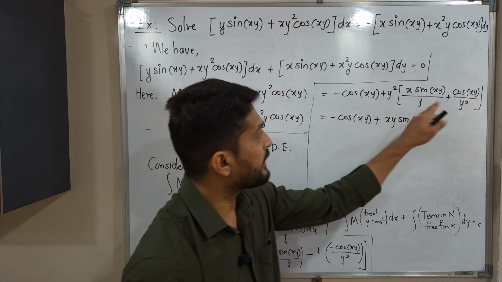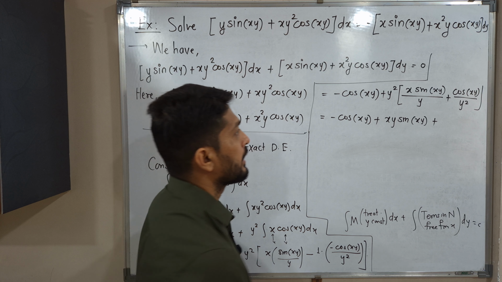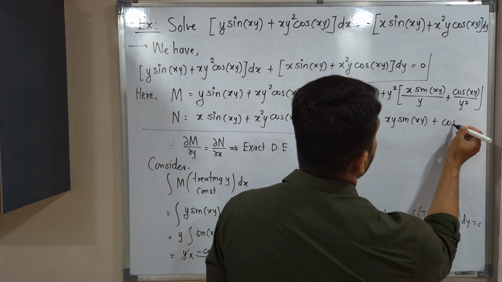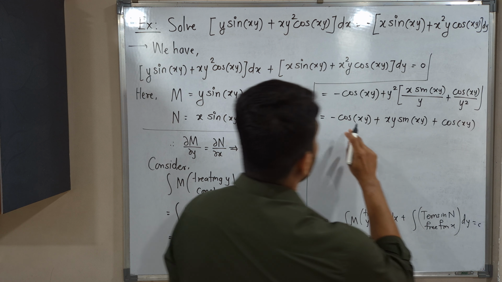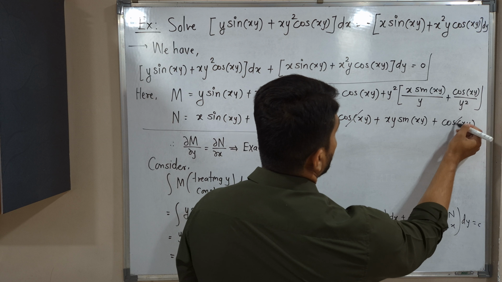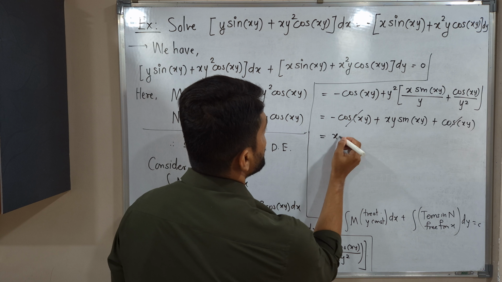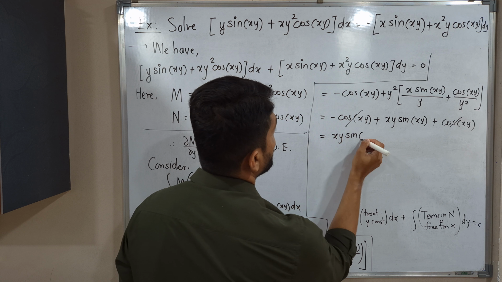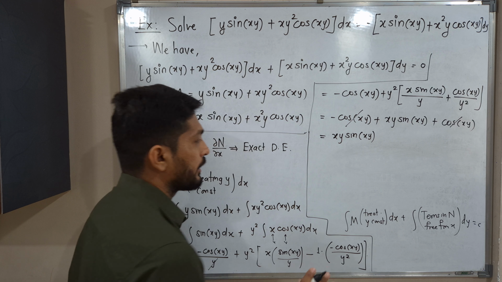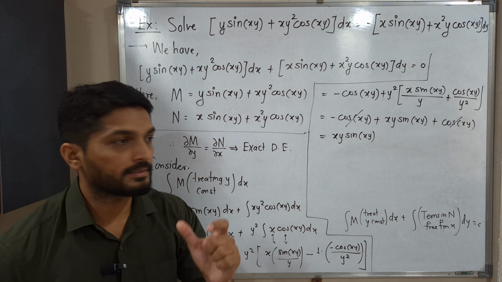If you multiply by y square, this y square will get cancelled and we have cos xy. Minus cos xy plus cos xy will cancel each other, and you will have xy sin xy. Yes, finally we got it. So we solved this integration and simply got this simple answer.